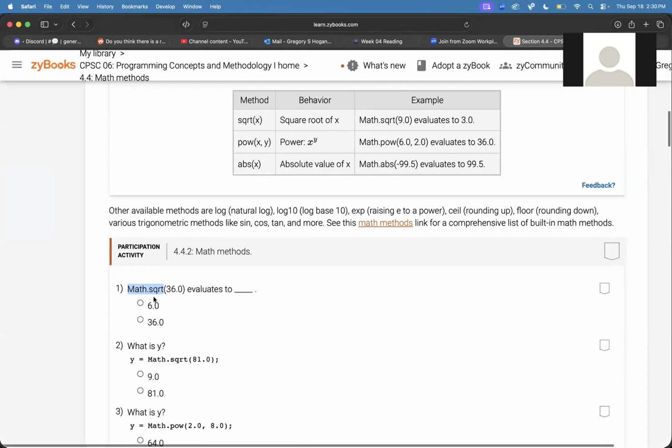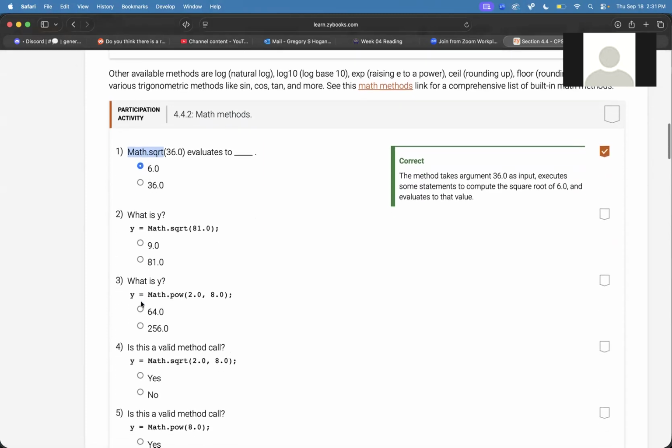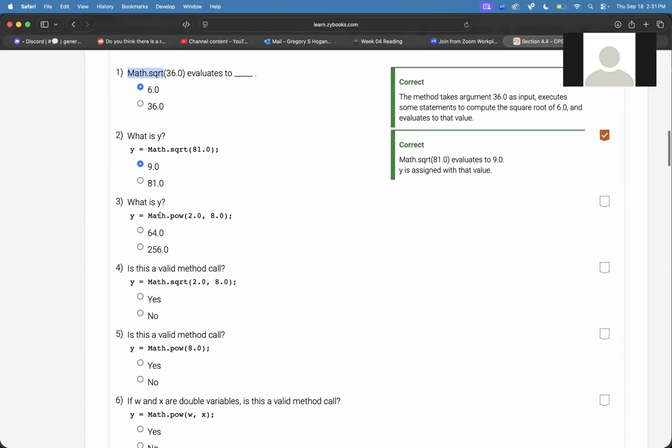So if you have Math.sqrt 36, that's the square root of 36, which is just 6. If you do Math.sqrt 81, the square root of 81 is 9. Math.pow 2, 8, that's 2 to the 8th power.